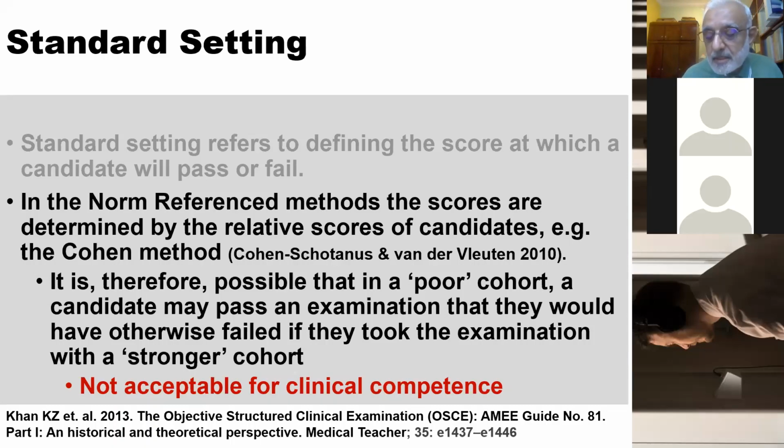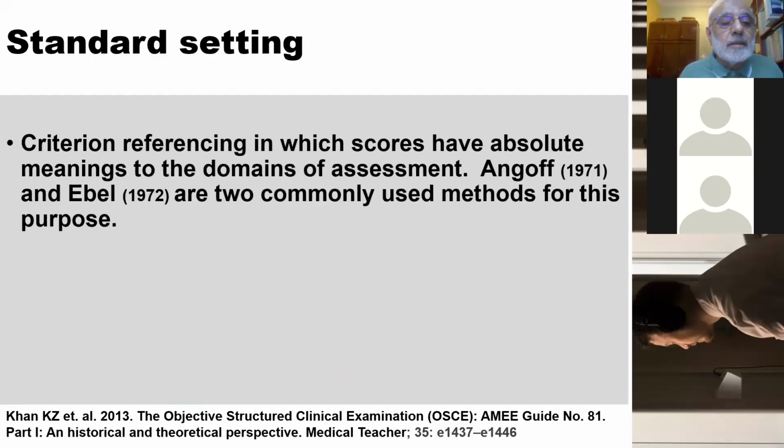So it is not really a reliable method. The criterion reference is more reliable, and the scores have absolute meaning. And so NCOF and ABLE are two commonly used methods for this purpose.